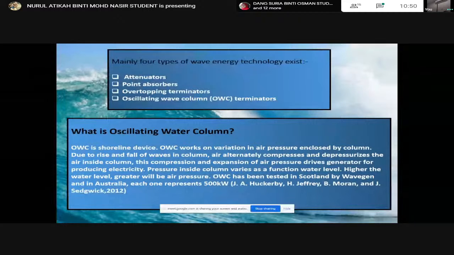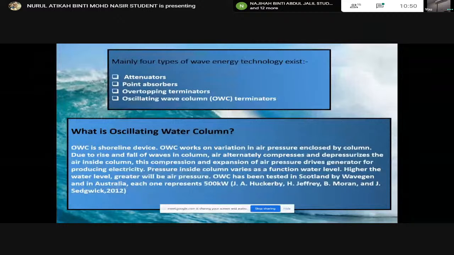So, what is the oscillating water column? It is a shoreline device. It works on the variation in air pressure enclosed by the column. Due to the rise and fall of waves in the column, the air is alternately compressed and depressurized inside the column.